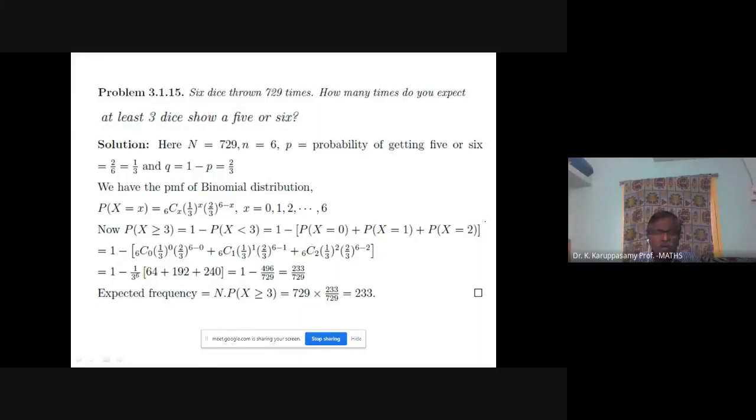When a die has 6 sides, your P must be defined clearly. How many times do you expect at least 3 dice to show 5 or 6? Getting 5 or 6 is your success. Not getting 5 or 6 means failure. So your P value is equal to 2 by 6.